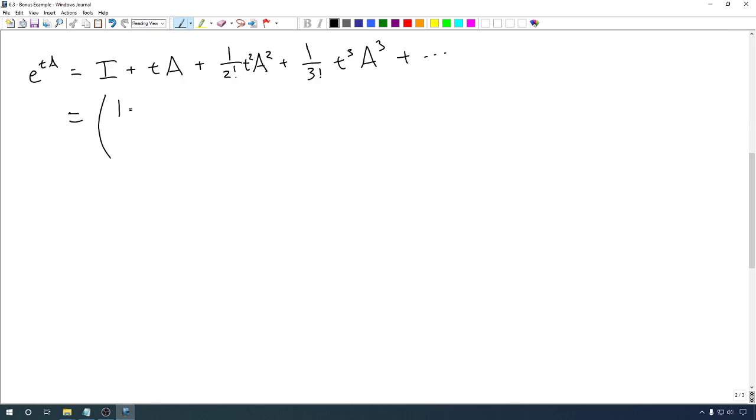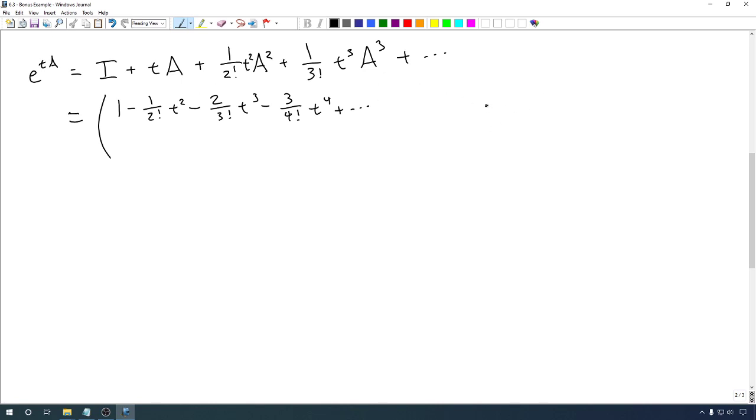So let me just write this out. We have 1 minus 1 over 2 factorial t squared minus 2 over 3 factorial t cubed minus 3 over 4 factorial times t to the fourth, and so on and so forth. This never technically stops.